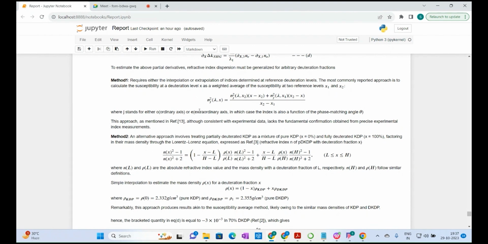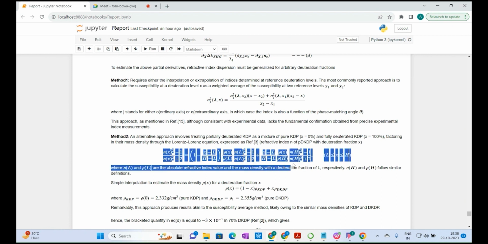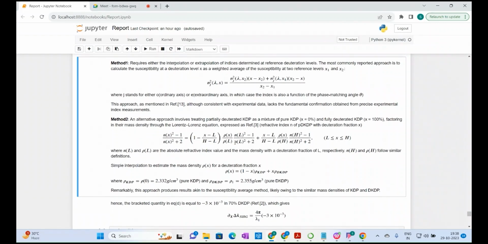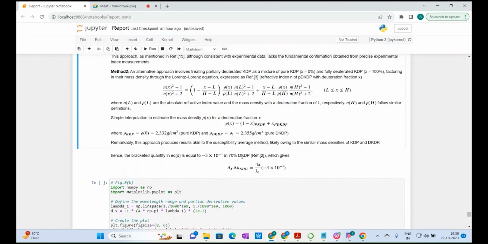The refractive index of partially deuterated KDP with deuteration fraction x can be approximated using the Lorentz equation, which is expressed as this, where L and H are the two referenced deuteration levels, and N of L is the absolute refractive index, and rho of L is the mass density with a deuteration fraction of L. This approach yields similar results as the susceptibility average, that is method 1, which is attributed to the fact that KDP and DKDP have essentially the same mass density.